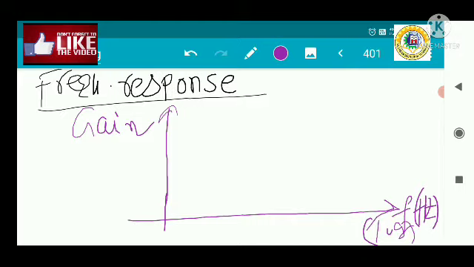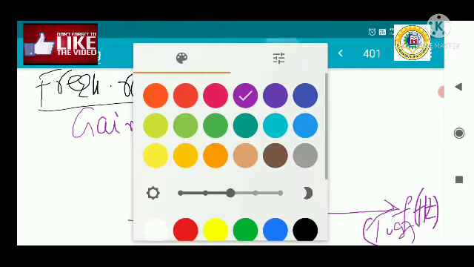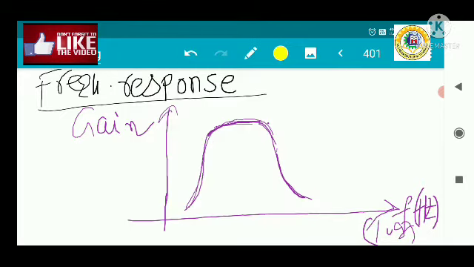Now the curve looks something like this. This is not exactly correct, but something like this. Here this is your maximum gain, and this is your 3 dB point.